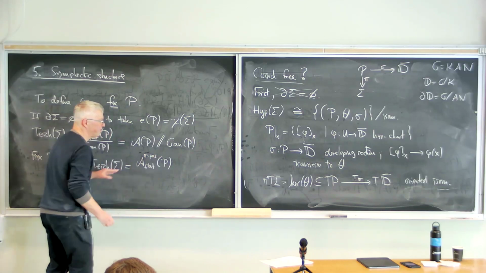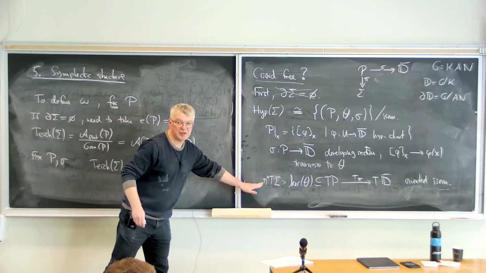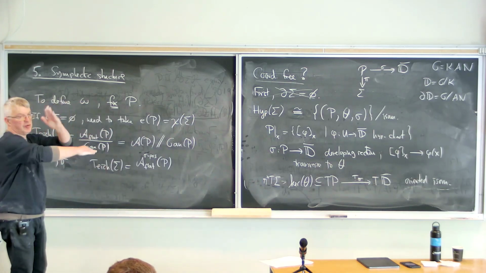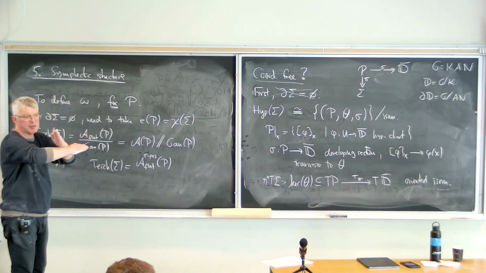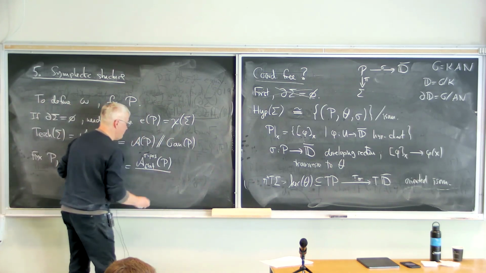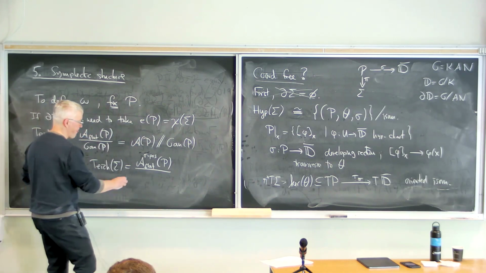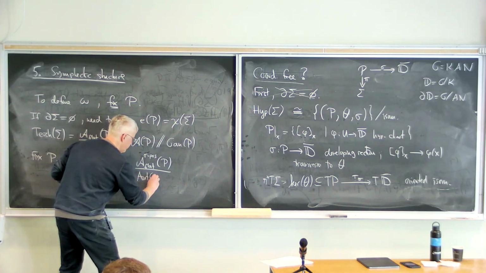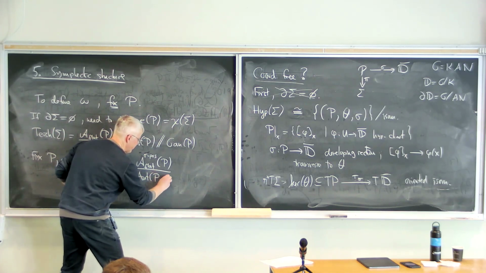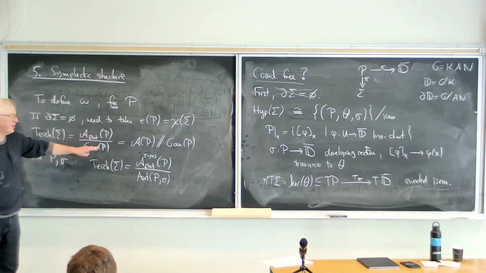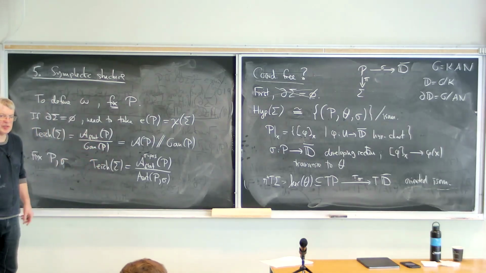By sigma positive, I mean that this transversality condition holds. I'm fixing the P, I fix the sigma, and then I look at connections which are transverse to it. And then what we divide out by is the automorphisms of P which preserve this developing section. So it's a kind of different quotient.